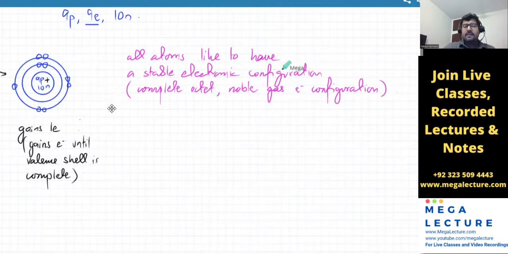And then you have another thing, which is that metals do this by losing electrons. So they lose outer shell electrons.